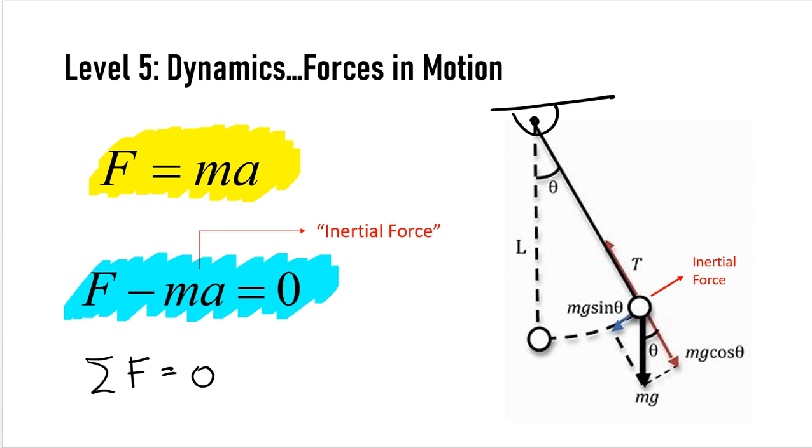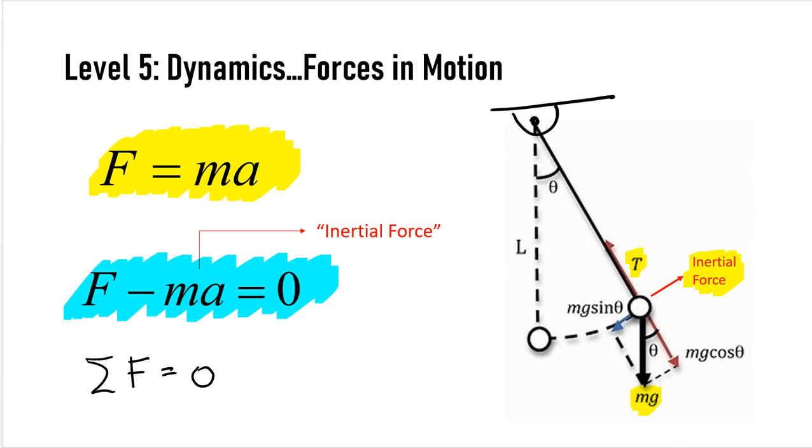And then in addition to that, you have the restraining force coming from the rod holding up the mass. That's a force T. So if you look at T and you look at mg, which is the gravity force, they are obviously not in equilibrium because they're not two forces equal and opposite. In order to restore equilibrium, you have to add the inertial force.